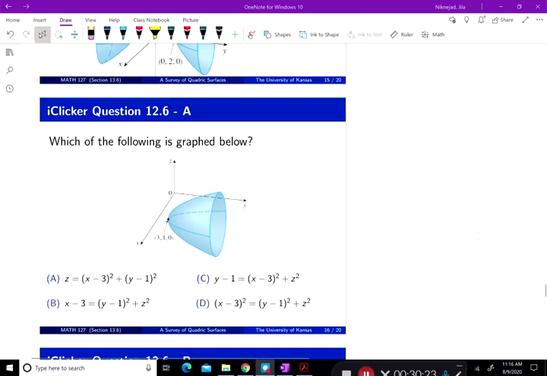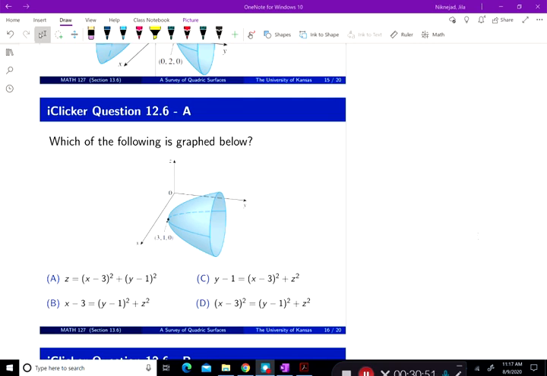iClicker question 12.6a, which of the following is graphed below? A, equal to (x minus 3) to the power 2 plus (y minus 1) to the power 2. B, x minus 3 equal to (y minus 1) to the power 2 plus z to the power 2.